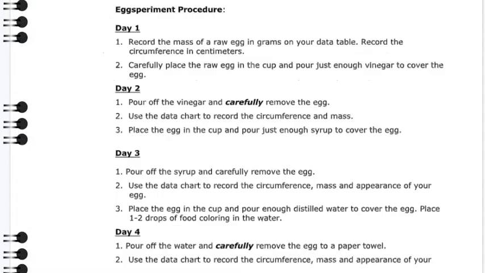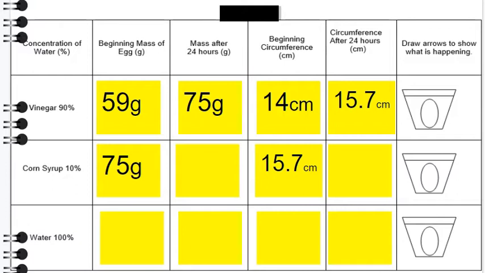Let's look at this slide here where you've been taking your data, right? And it says concentration of water in this top box here on the left side. Vinegar is 90% water. So once the shell was dissolved away and the membrane was exposed, and you have a very low concentration of water inside the egg and a high concentration of water outside the egg in the vinegar, it's physics.